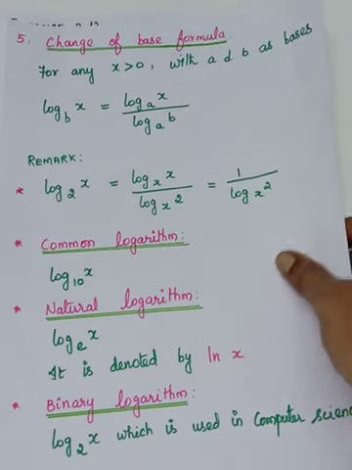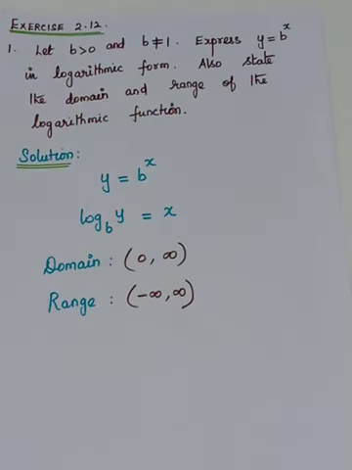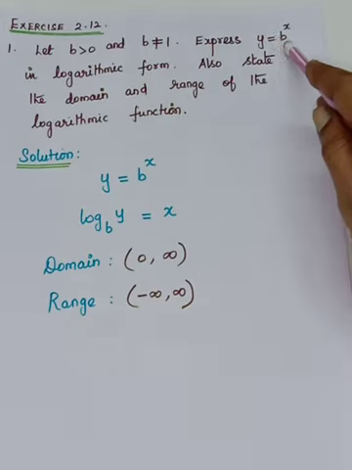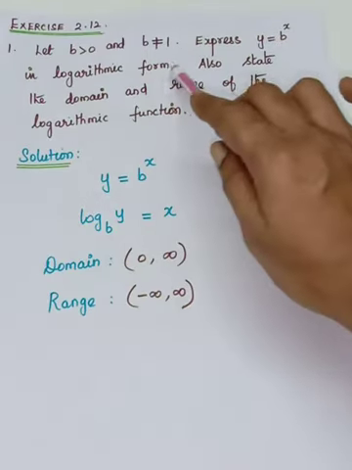So using the formula we are going to do exercise 2.12. Look at the first one. b is greater than 0 and b is not equal to 1. Write y is equal to b power x in logarithmic form.